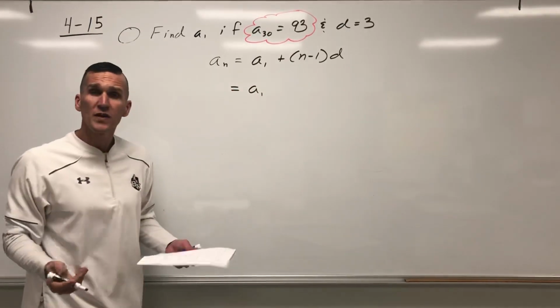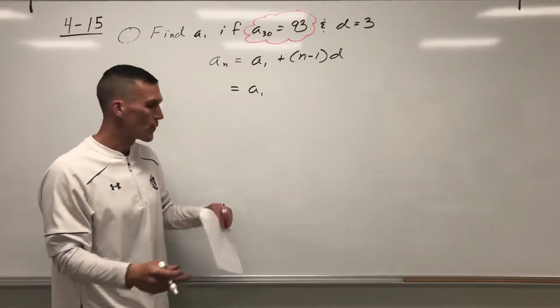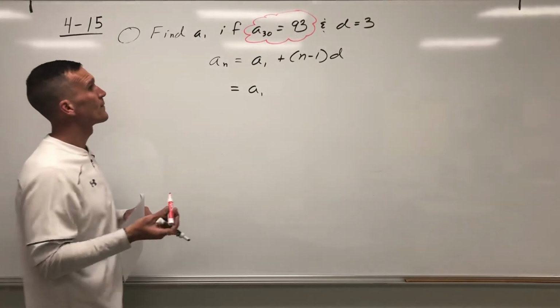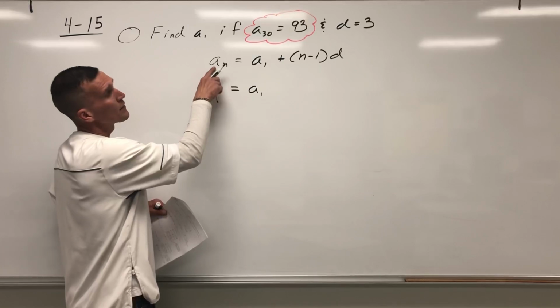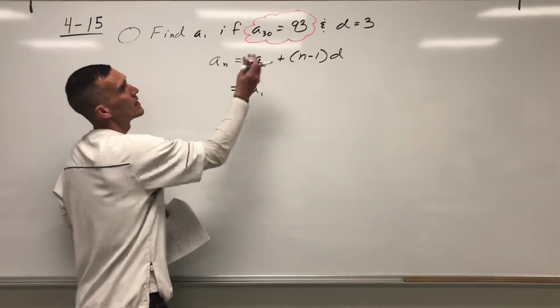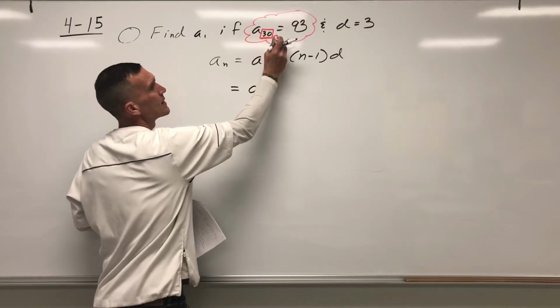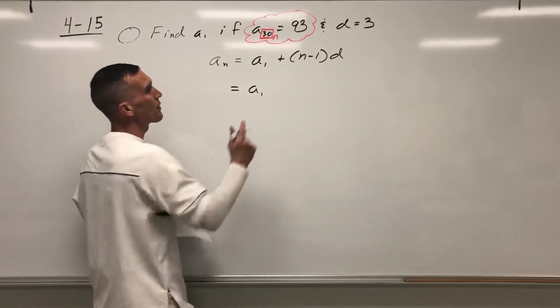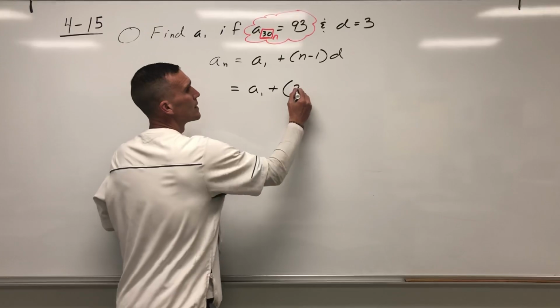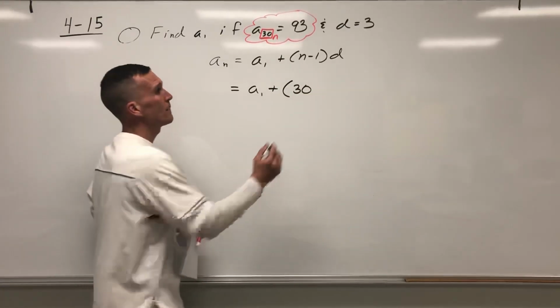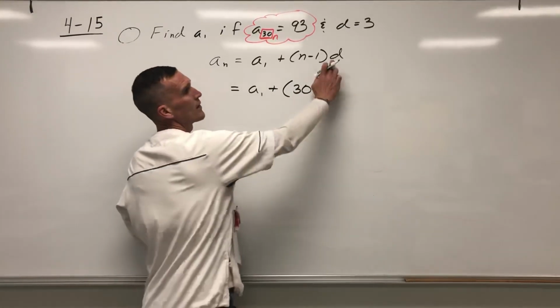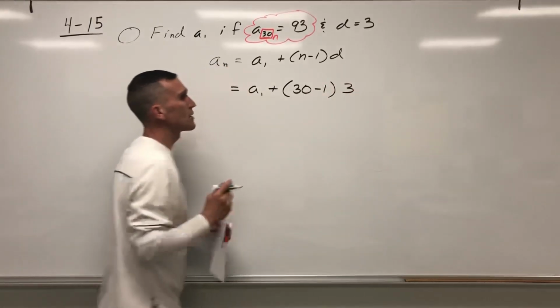But what I have to do is figure out, well, where do those other numbers go? And this again is the hardest one. Well, when you look at it, the formula is a sub n. So 30 has to represent n. So I'm going to plug 30 into my n spot, minus 1, and the difference is 3.